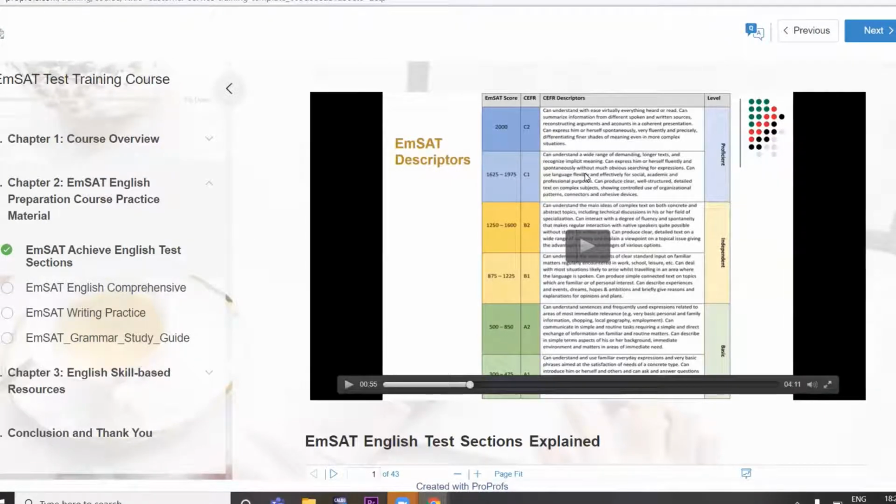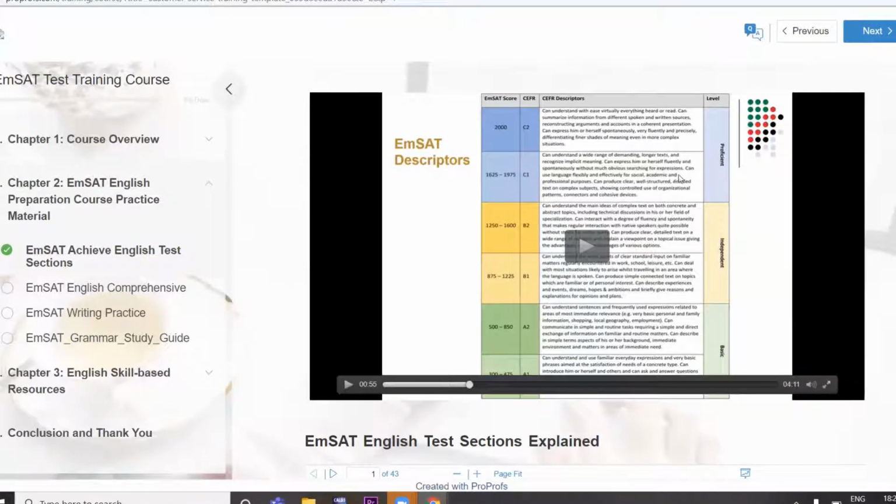That means you can understand a wide range of demanding longer texts and recognize implicit meaning, and you can express yourself fluently and spontaneously without much obvious searching for expressions, and you can use language flexibly and effectively for social, academic, and professional purposes. So that means you need to score high in the EmSAT.